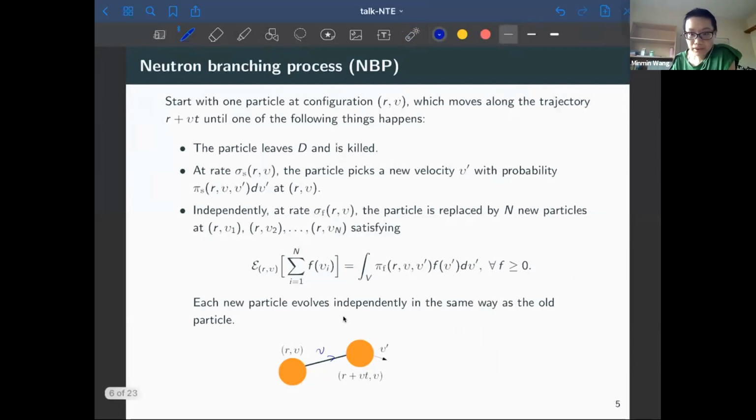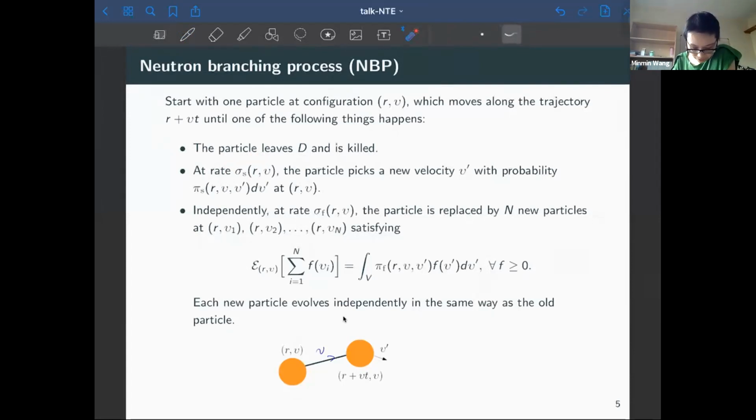And if you're inside the domain, you may change your velocity at some random time, which is distributed according to an exponential random variable, where the rate is given by this function sigma s. And when that event happens, you're going to pick up a new velocity v prime with this probability density here.